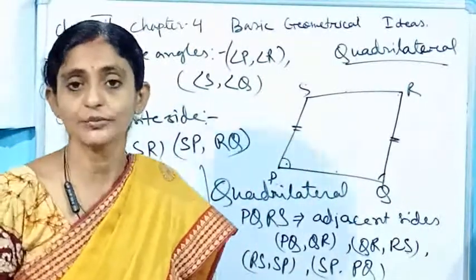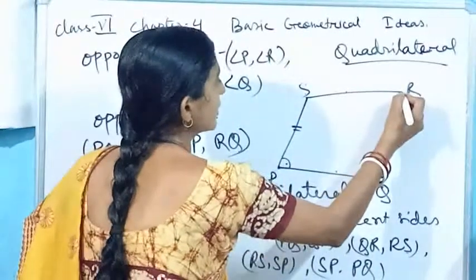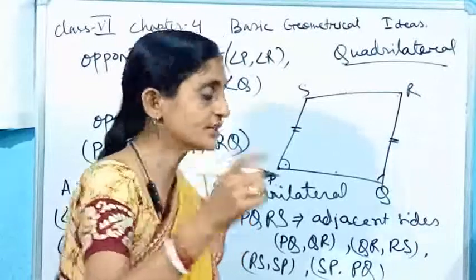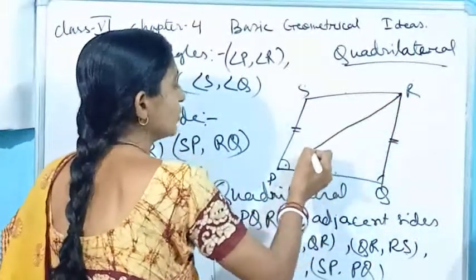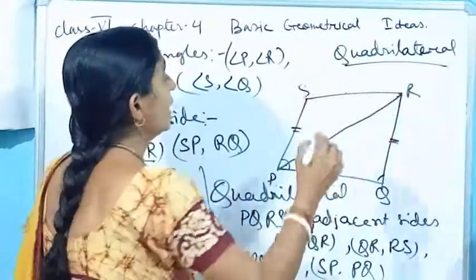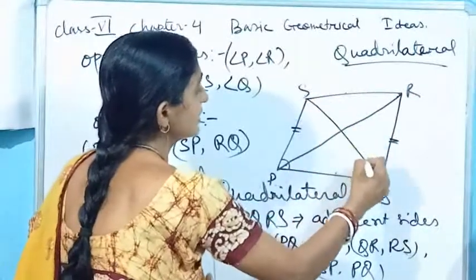So let's come to the diagonals of this figure. What diagonals do you get here? Diagonals, as I told you in the last part, are formed when we join opposite vertices. Here the opposite vertices are P and R, that is one group. That means we get PR as one diagonal and the other diagonal is SQ.